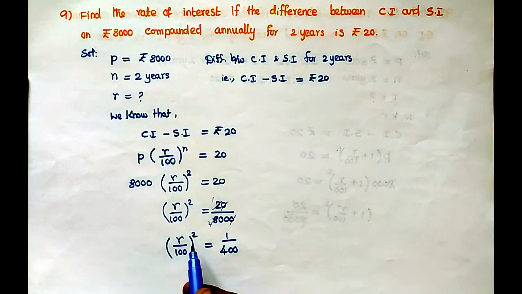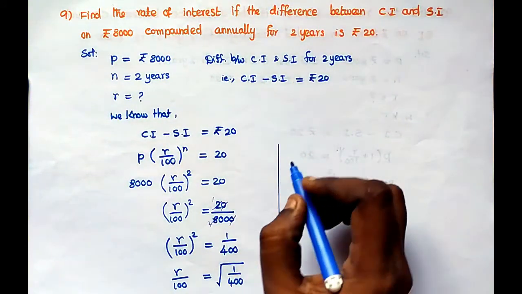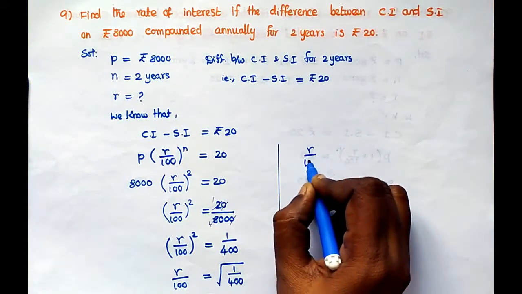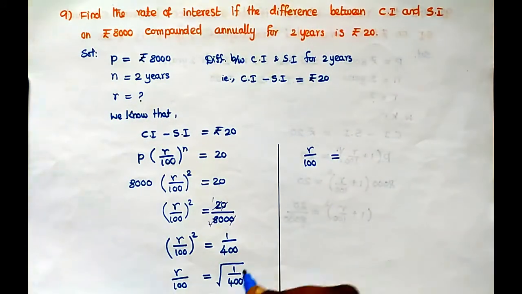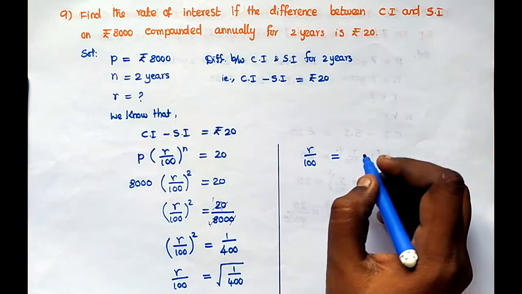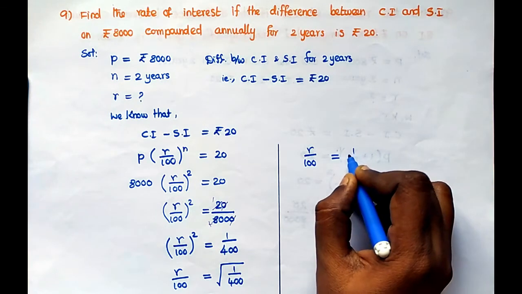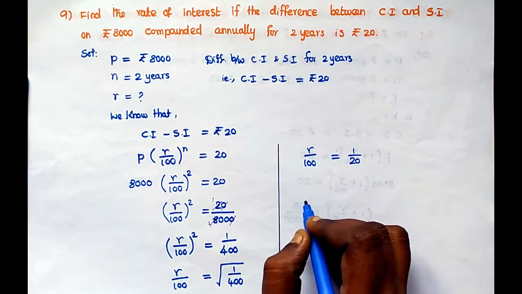Next step, here square means bring this side, it becomes square root. So r by 100 equal to square root of 1 by 400. Now r by 100 equal to, take square root of 400 means 20, 20 20s are 400. So 1 by 20.